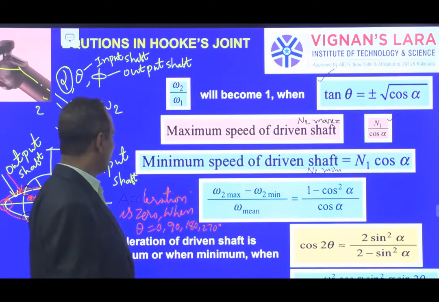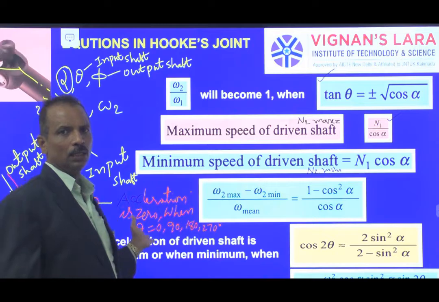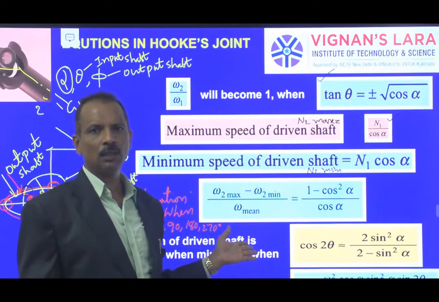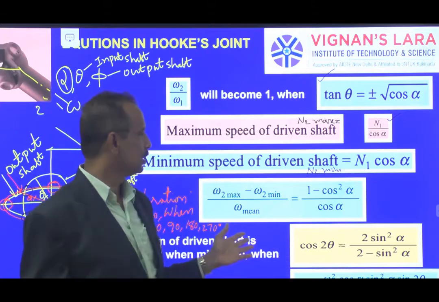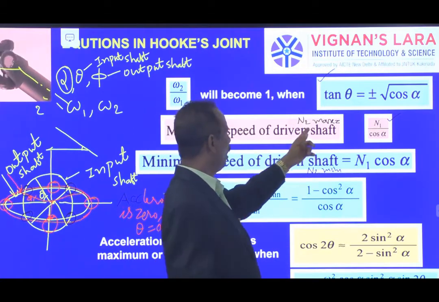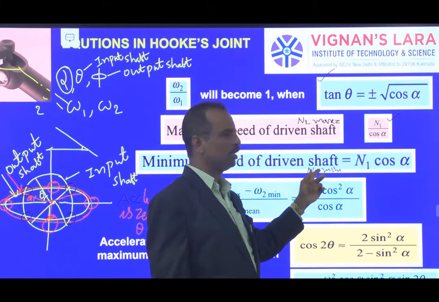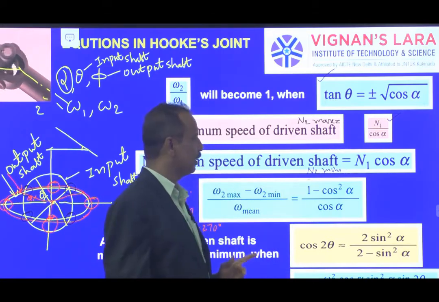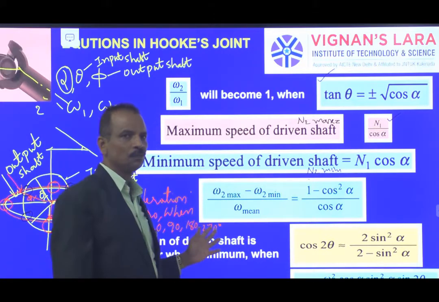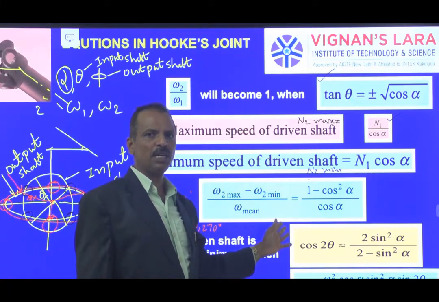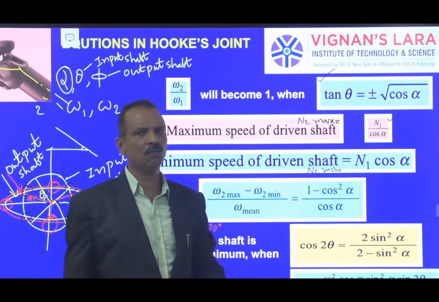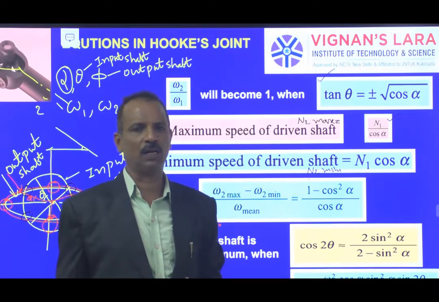Then in this variation of the speed, the driven shaft maximum and minimum are given by n1 by cos alpha and n1 cos alpha. Then the fluctuation of the speed by the mean speed is given by the equation 1 minus cos square alpha by cos alpha.